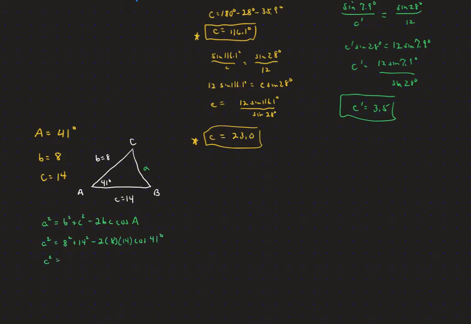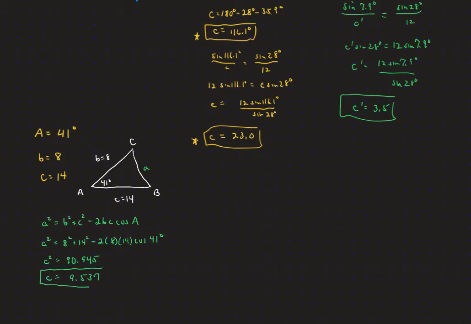Now we can put all of this into our calculator. Let the calculator do the heavy lifting. That's going to be 90.945. I'm not going to round, but I'm going to take the square root of that, and that looks like 9.537.